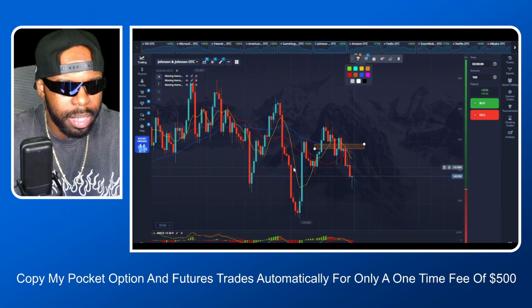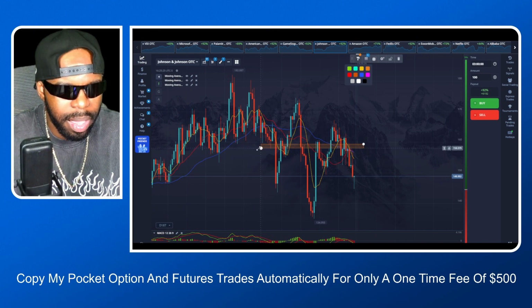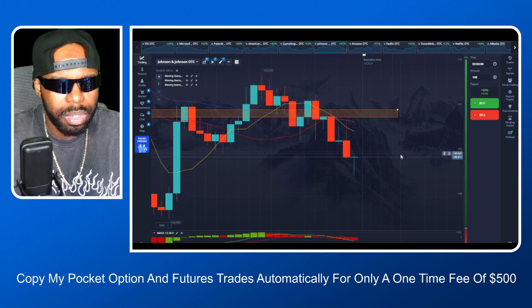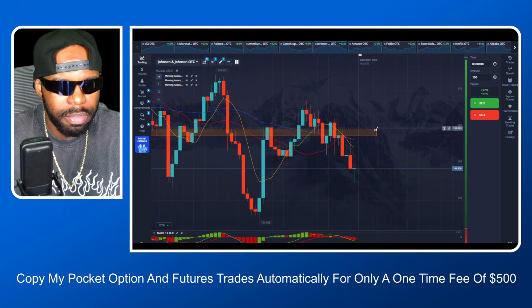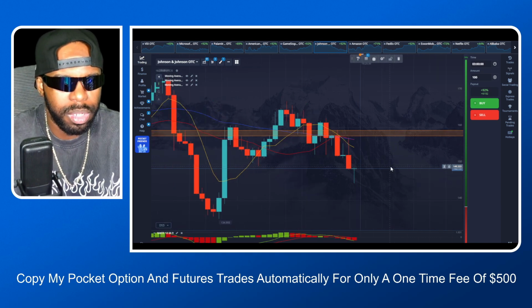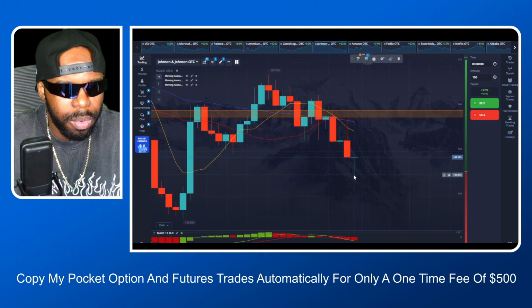Again, I like to drag this all the way over in the past, and then of course drag this into the future. That way, if price comes back into the zone, we can probably look for trading opportunities. Okay, and now I want to look for the low.